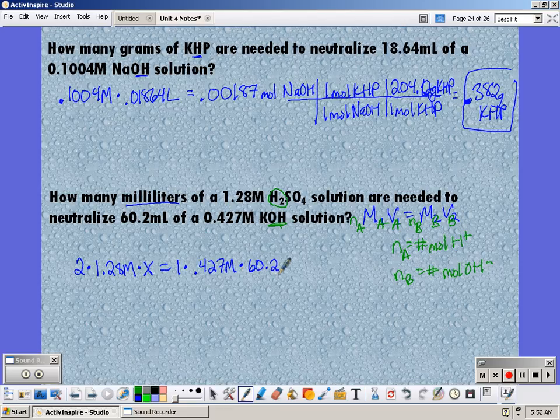Again, when you have your dilution reaction, you don't need to convert to liters. And if you solve for the volume, you would have 10 milliliters.